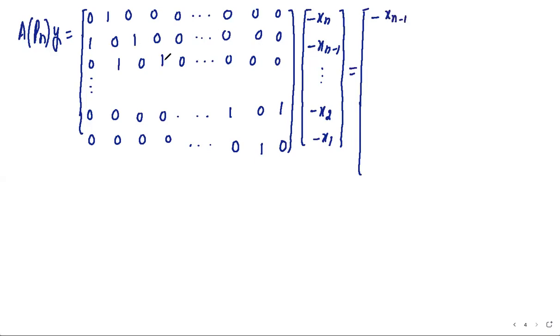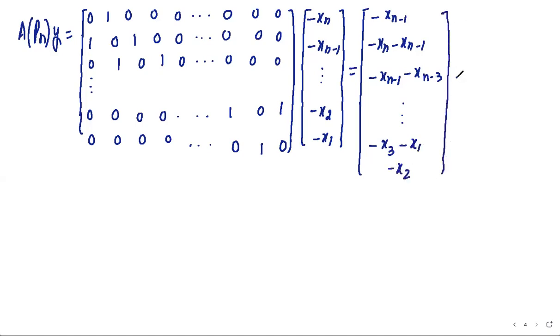Multiplying this row, we get minus xn minus xn minus 2. Similarly, multiplying this row, we get minus xn minus 1 minus xn minus 3. And so on, this will be minus x3 minus x1, and the last will be equal to minus x2. So this is what we obtain.